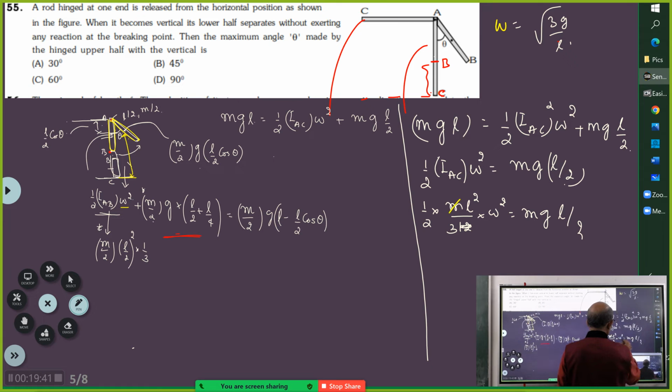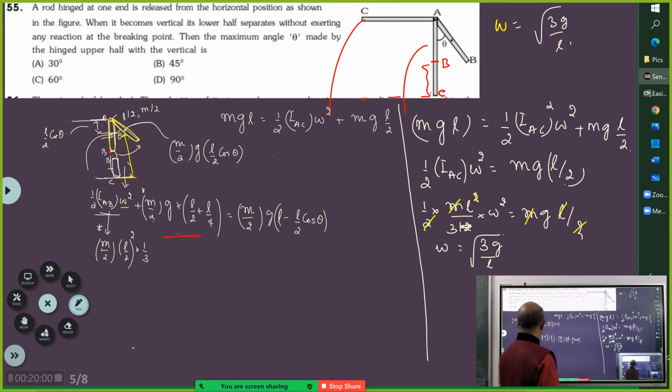Right. So m's get cancelled, this L and this L will cancel, this 2 and this 2 will get cancelled. So I will be left with omega is equal to root of 3g by L. Yes, correct. Perfectly correct.